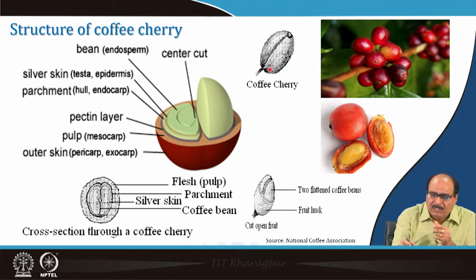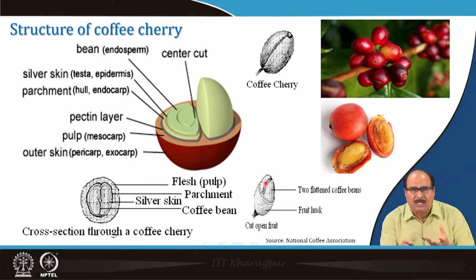The coffee cherry has a furrow, and if you see a cross section of it, you can see in this figure that inside it has two flattened beans. The outer part of the coffee cherry is the husk or peel, and these two flattened beans inside are actually the valuable source of the coffee beverage that we consume.